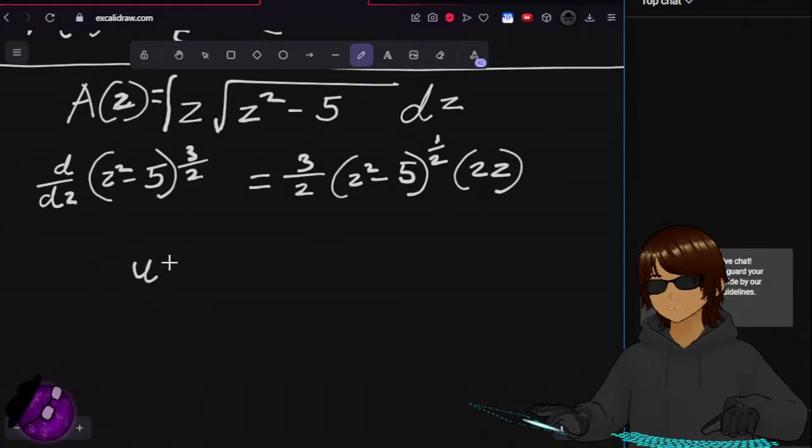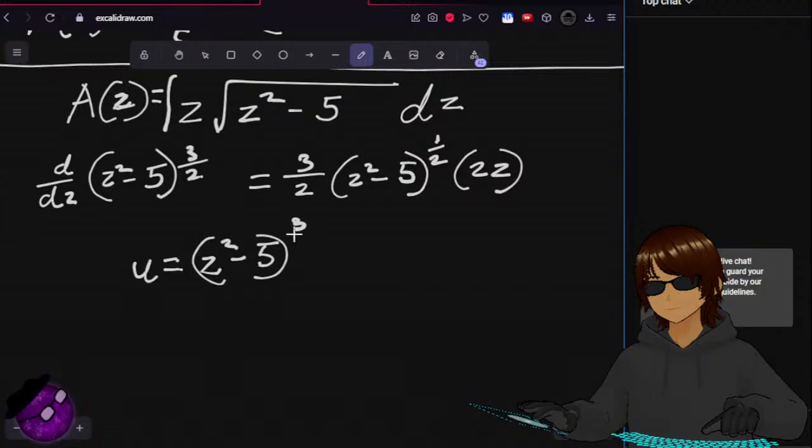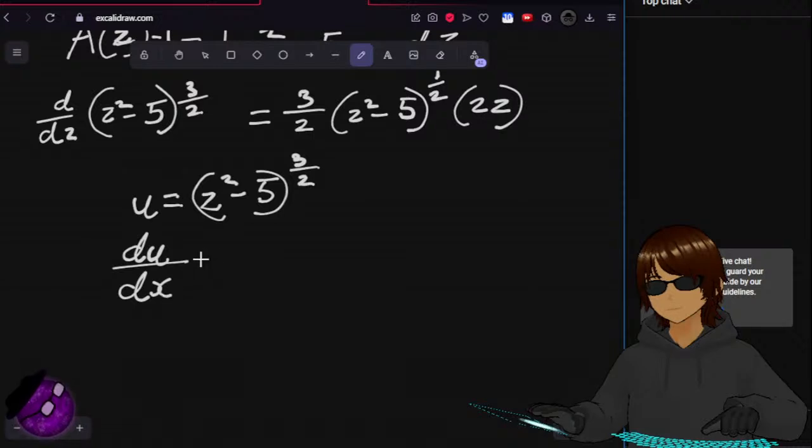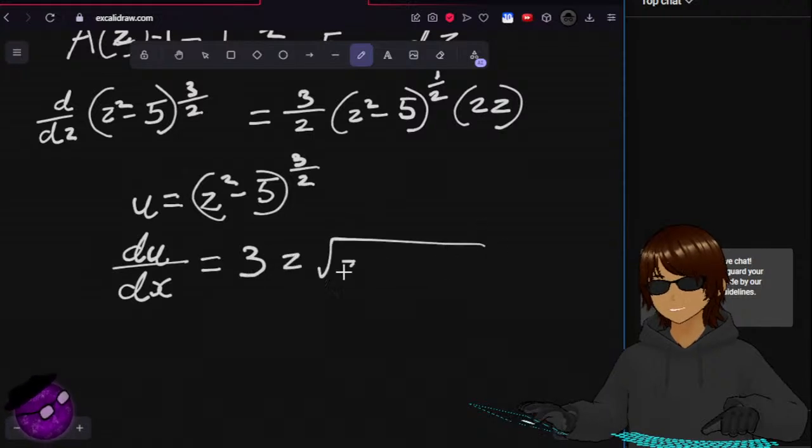So if u is equal to (z squared minus 5) to the power of 3 over 2, the derivative of u would be 3z times the root of z squared minus 5.